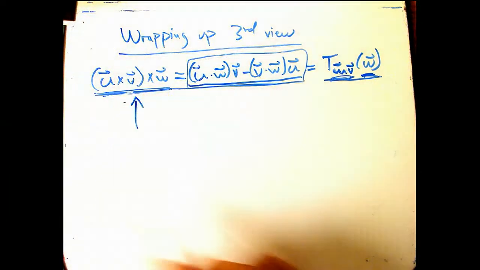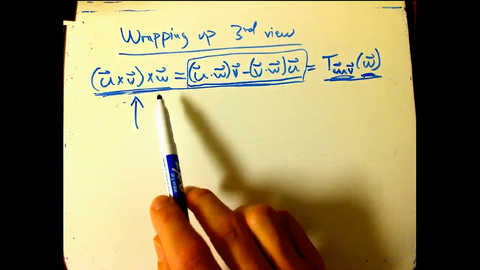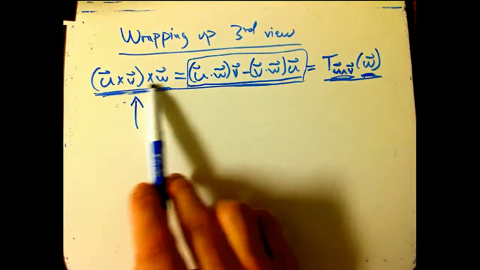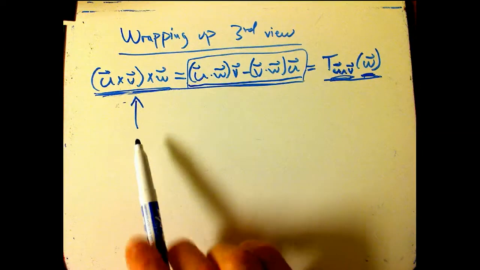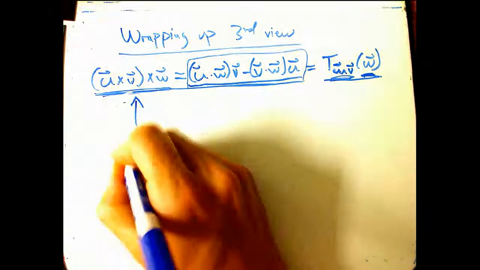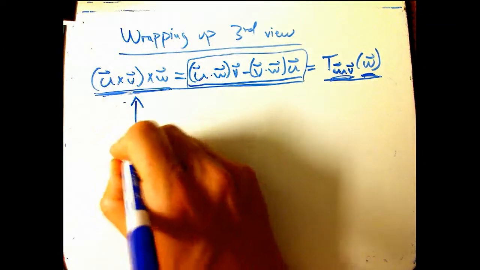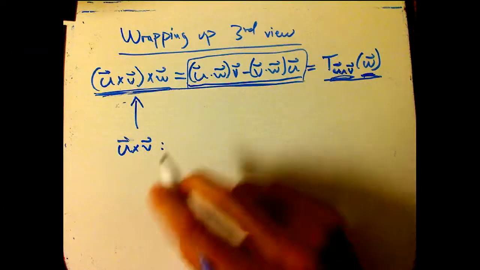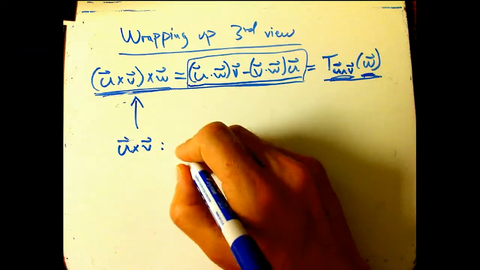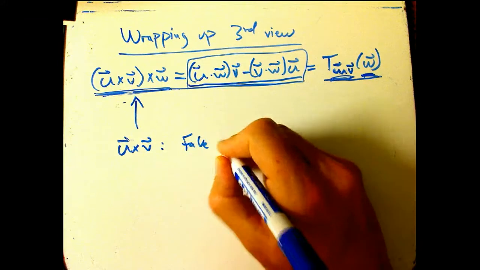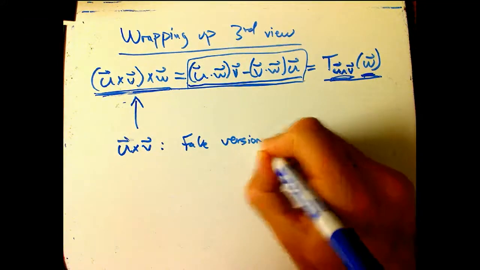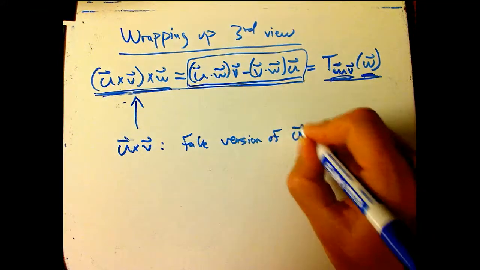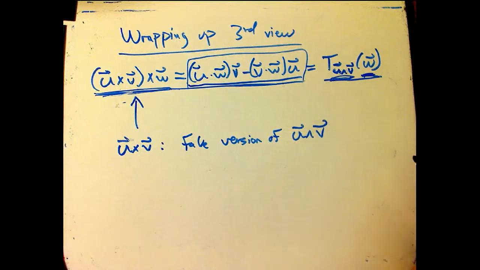It's that when you look at this combination, you want to really think of the two crosses as doing something different. So u cross v creates really a kind of fake version of the wedge product of u and v.